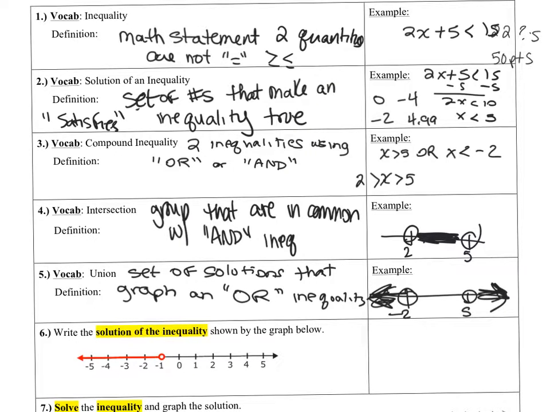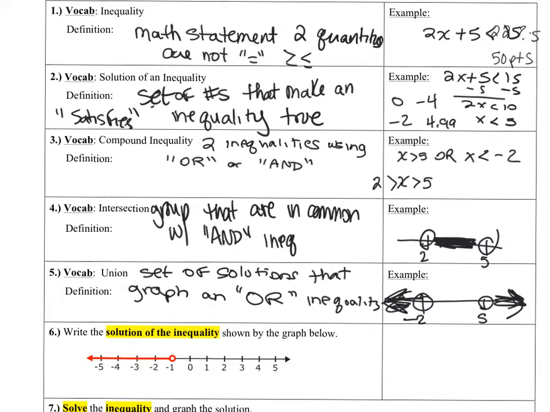One way to make sure you don't confuse union and intersection: think of intersect as actually crossing over together, in between. As opposed to union, they're occurring at the same time in unity, but they are not necessarily dependent on one another. If you have just one of the answers, it would still satisfy it.